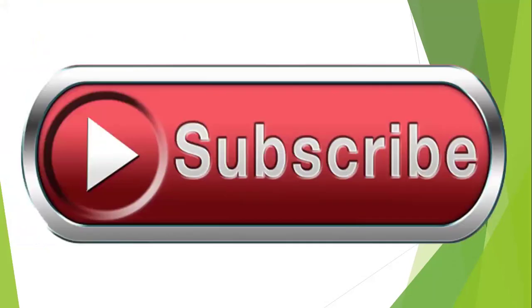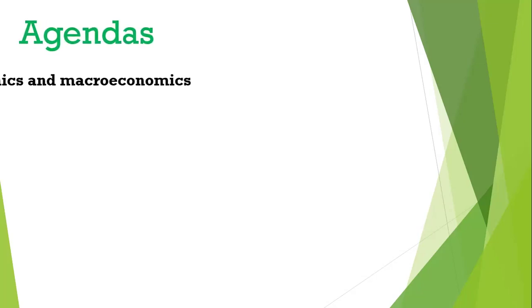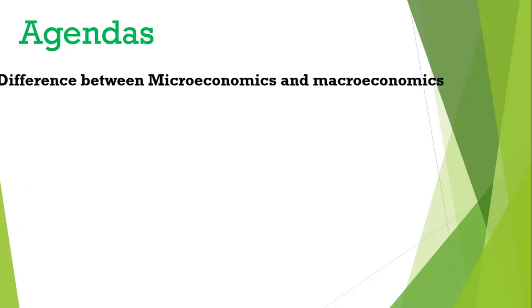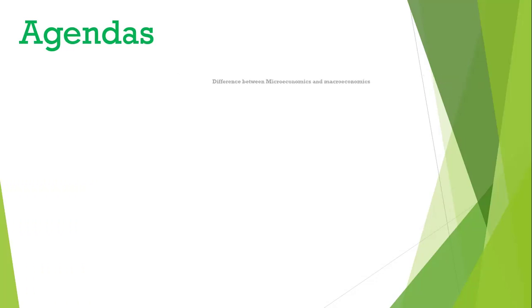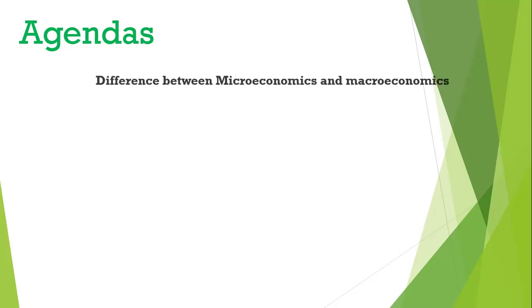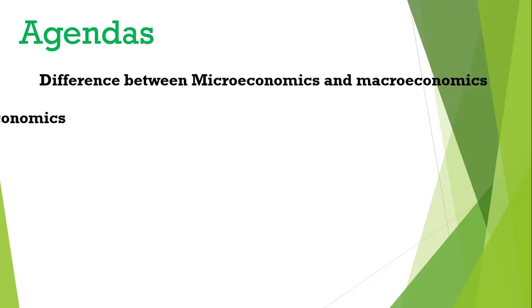So let's look at the agenda for today. Some of the agenda items are the differences between micro and macroeconomics. Sometimes before you get into the real topic, you need to understand what you are really dealing with. Some of these definitions are obvious, and those of us who have been to business class are familiar with them.